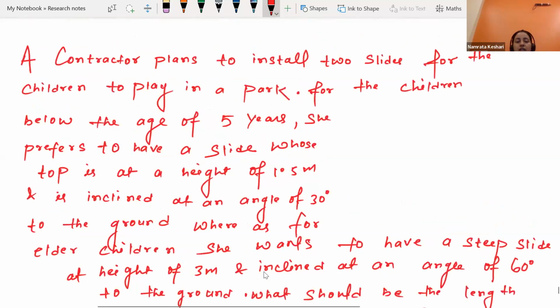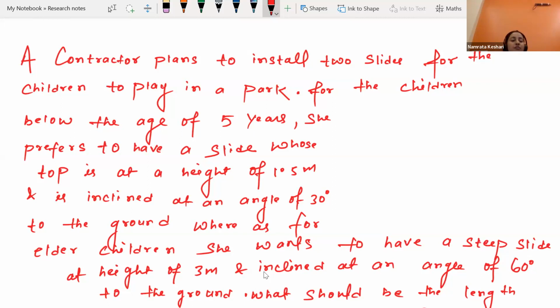Okay, let's draw the figure. Here in this chapter, the main job is to draw the figure.